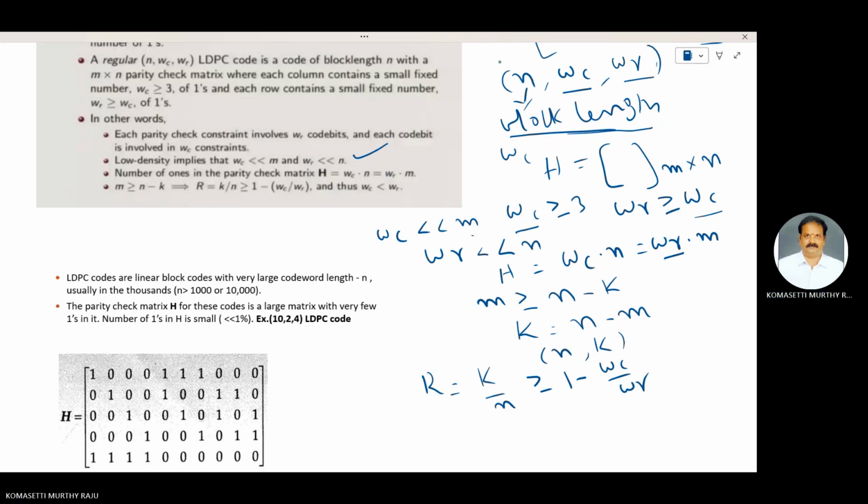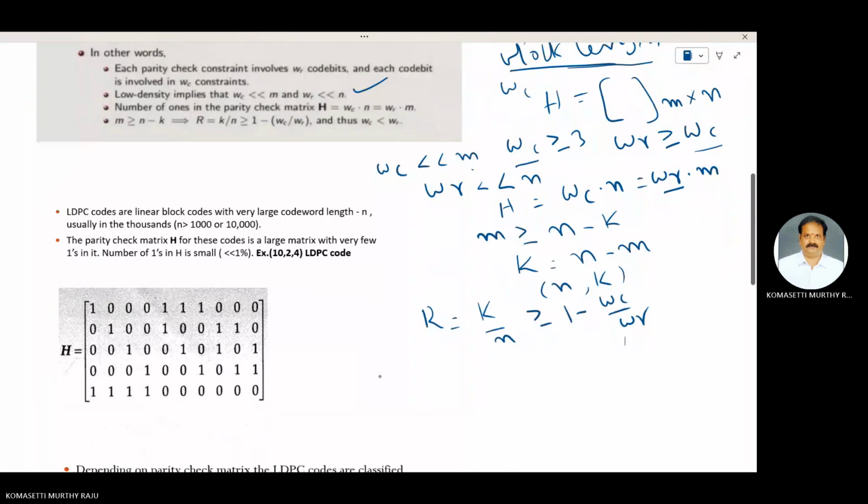We know that WC into N is equal to WR into M, and K is equal to N minus M.